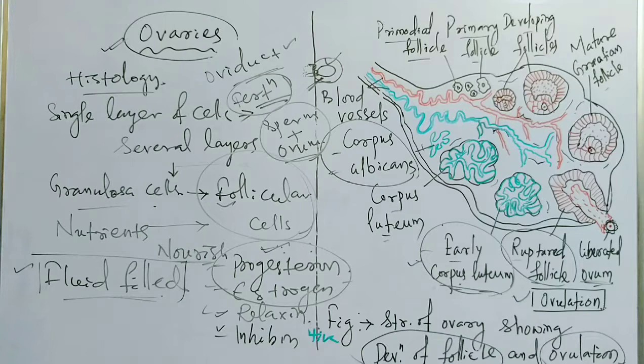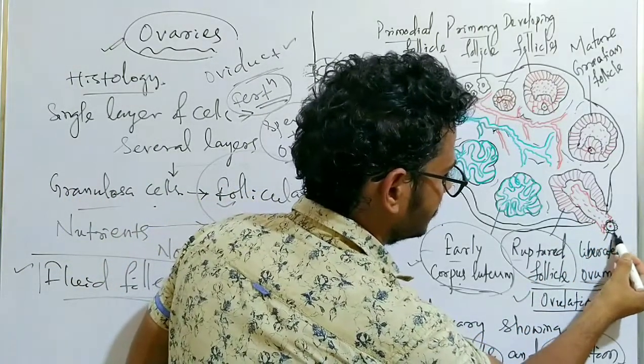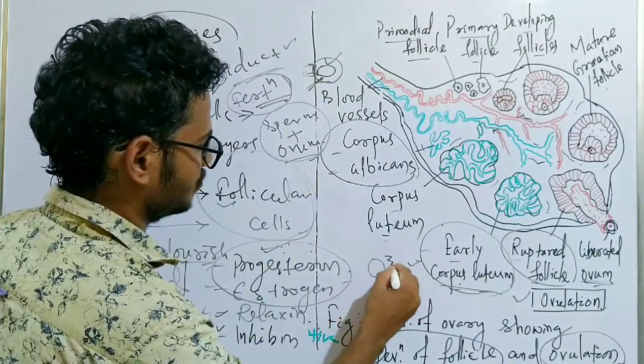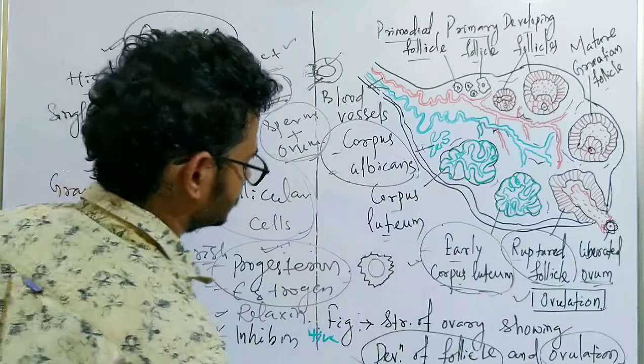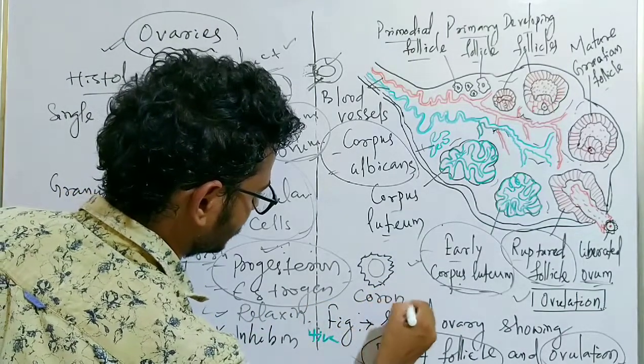The secondary follicle develops a transparent non-cellular area surrounding the ovum. Here you can see it. This rounded structure is surrounded by a structure like this. This one is called the corona radiata.